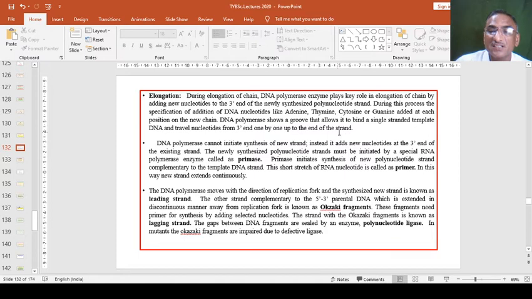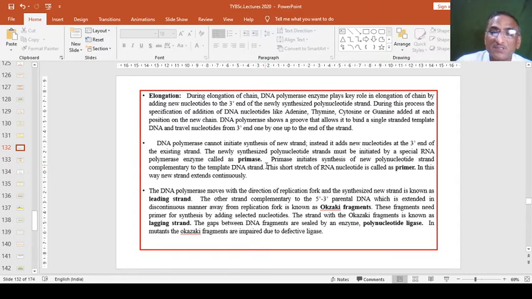It means it helps in elongation of the chain, not synthesis of the strand. And the newly synthesized polynucleotide strands must be initiated by a special RNA polymerase enzyme called primase, or we can say primer.